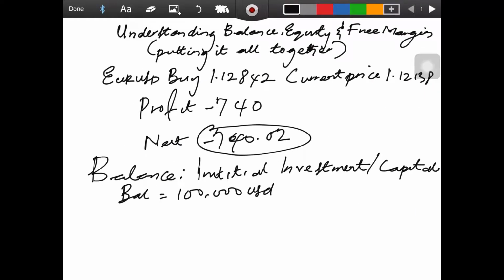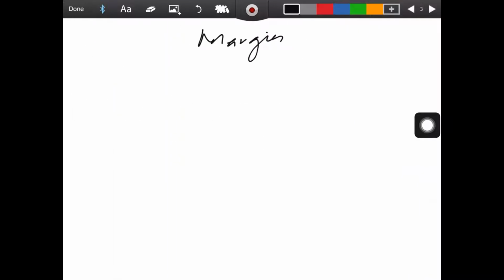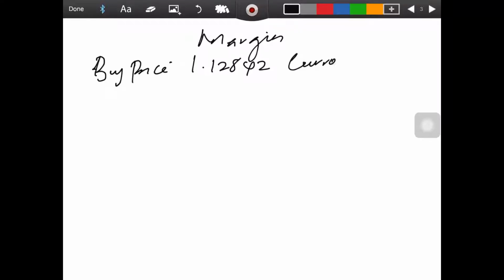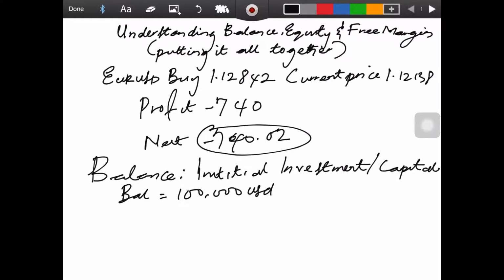We say we bought EUR/USD at 1.12842, and the current price is 1.12138. So the buy price is 1.12842 and the current price is 1.12138.